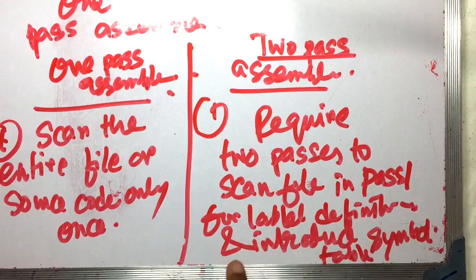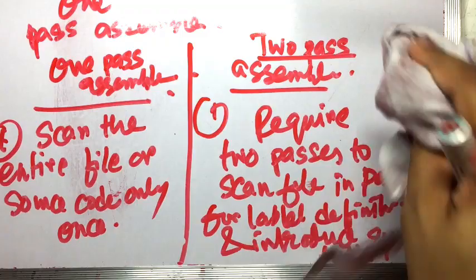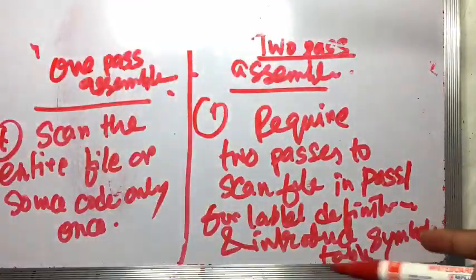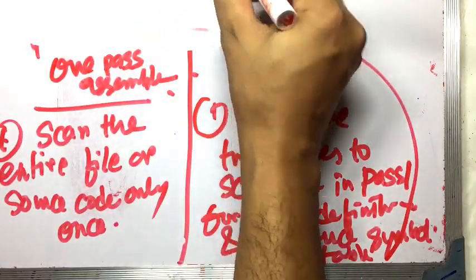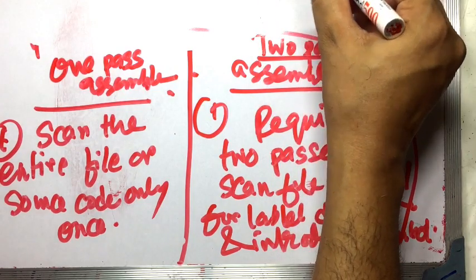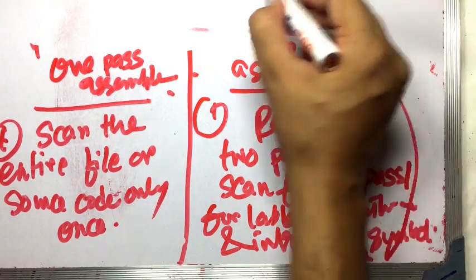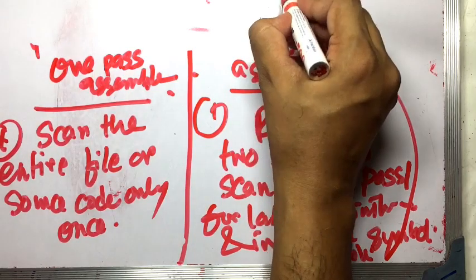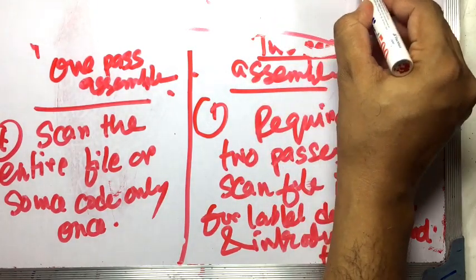In pass 1 we scan the file for label definitions and introduce the symbol table. In pass 2 it translates to object code.